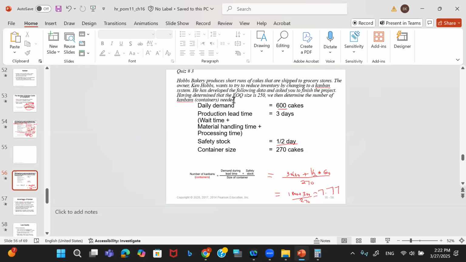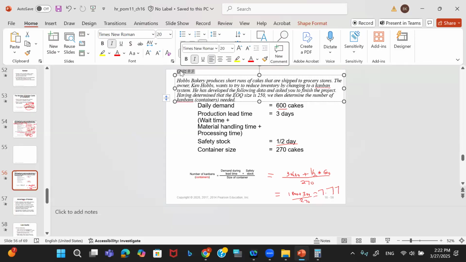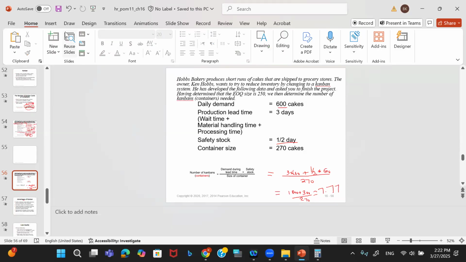So this is another example. I think this is a quiz I gave to students once. We have the daily demand of 600 cakes, production lead time 3 days, safety stock half a day, and container size is 270.